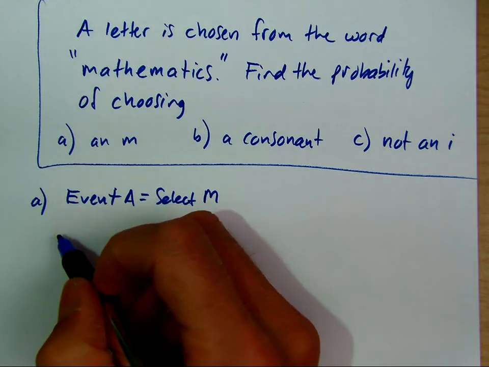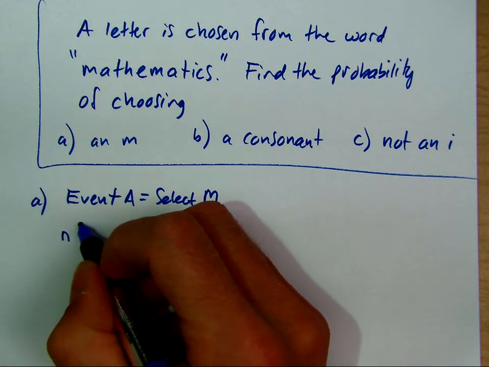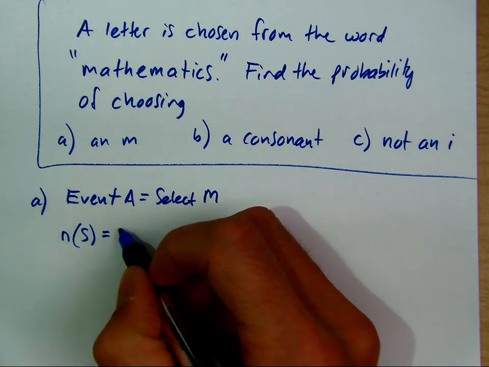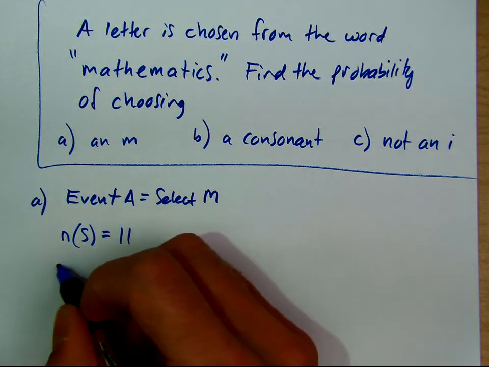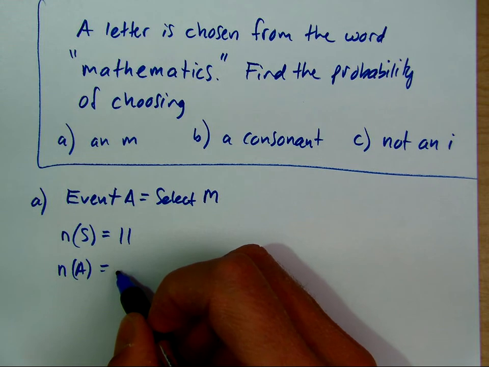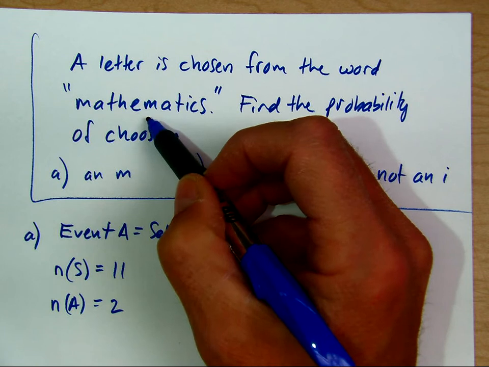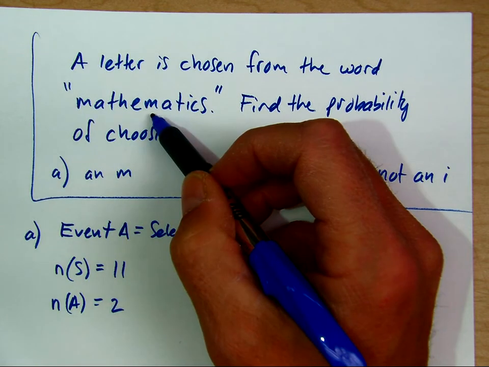So now we talk about the number in the sample space is 11. The number in event A is 2 because we have 2 M's. That increases the possibility of getting an M.